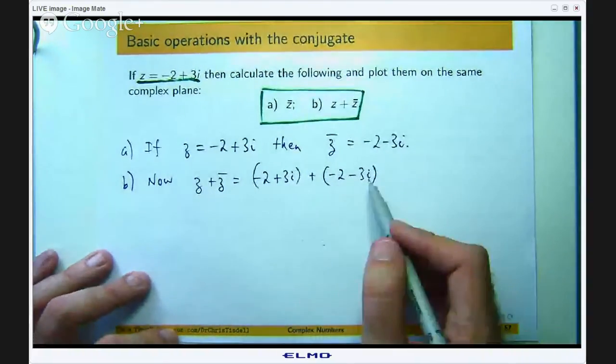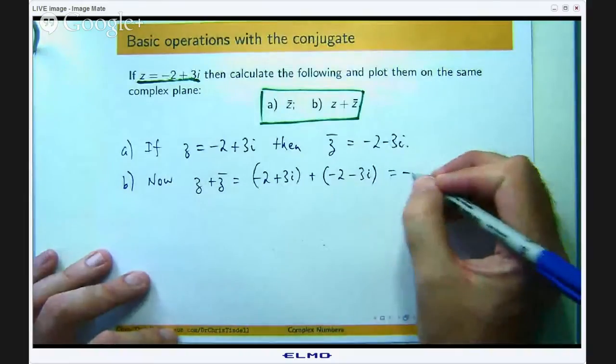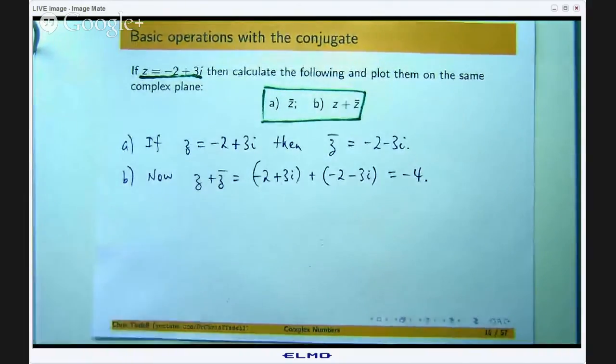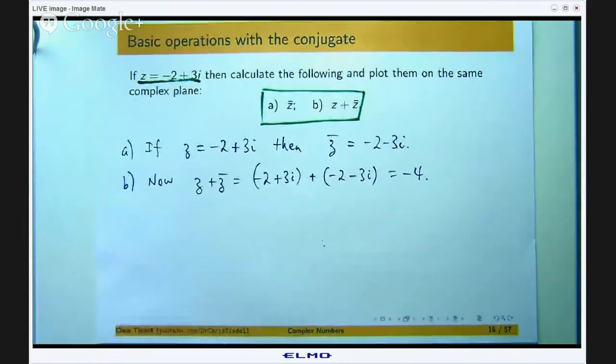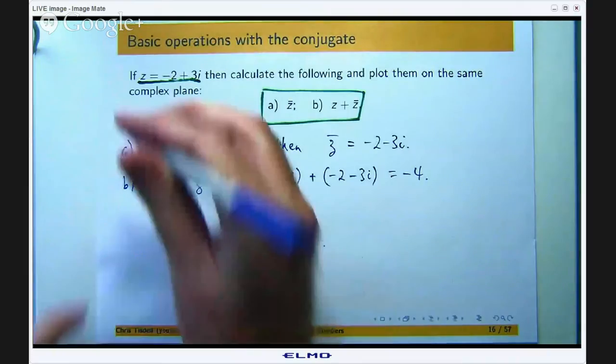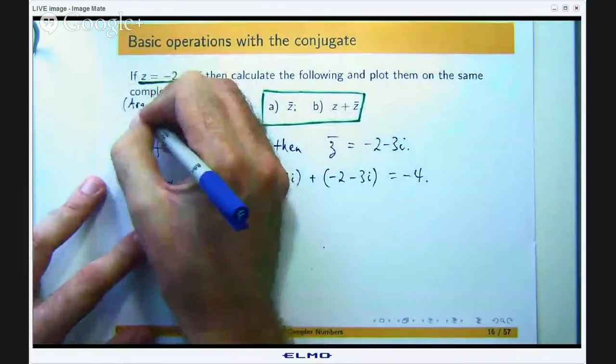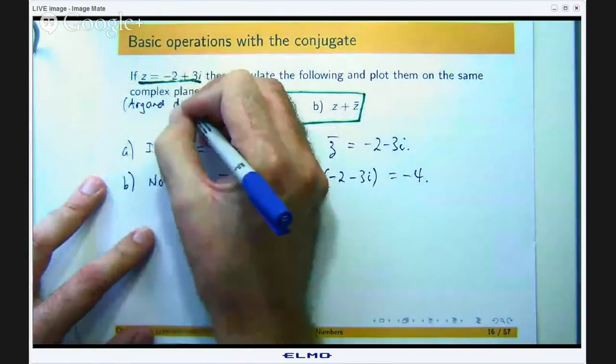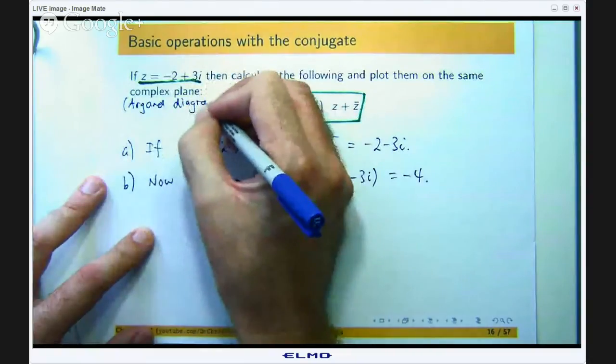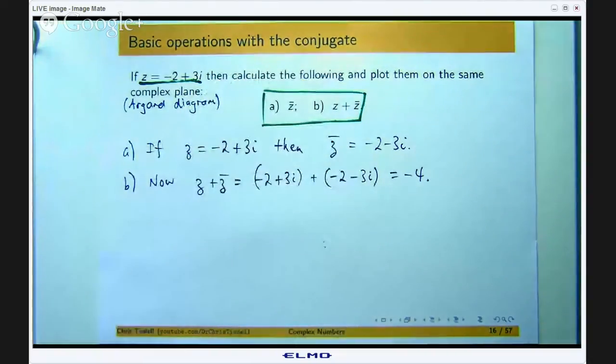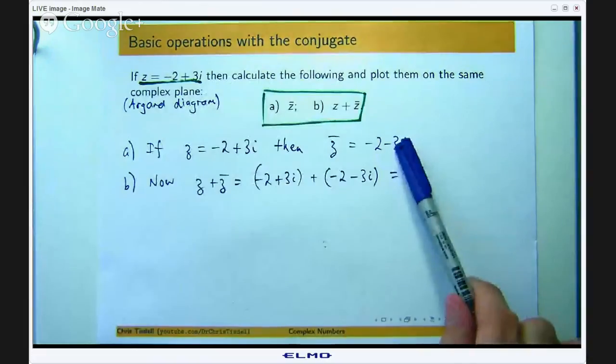So the 3i's will cancel and you'll be left with negative 4, as expected. Now let's plot everything on an Argand diagram. Sometimes I use the term complex plane, and sometimes people use the term Argand diagram. Let's draw this in; I want to plot all three.